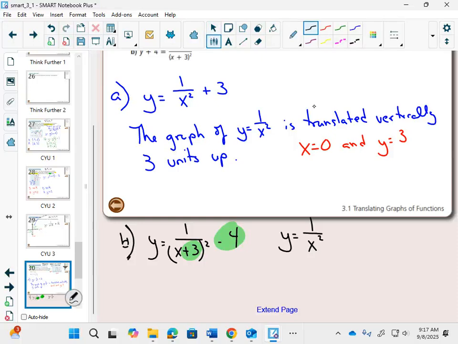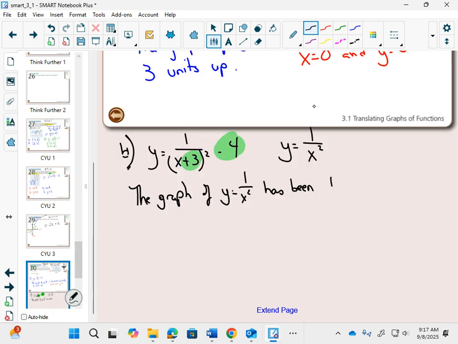So in my description, the graph of y equals 1 over x squared has been translated horizontally, so that plus 3 is going to be inside the function. Everything inside the function is always horizontal.